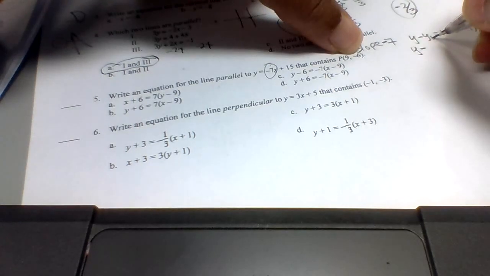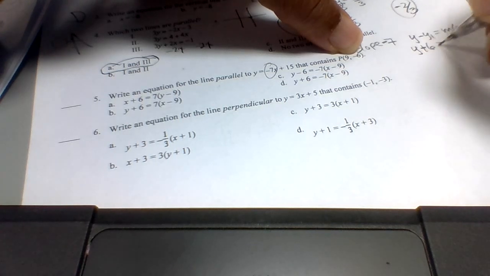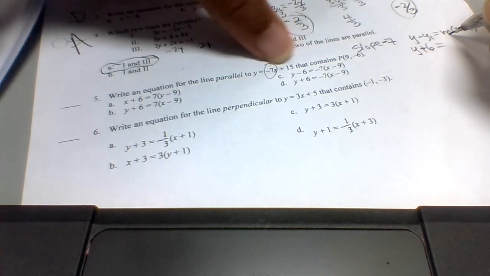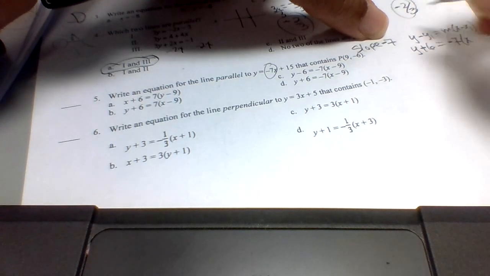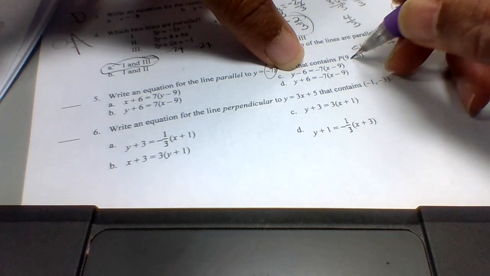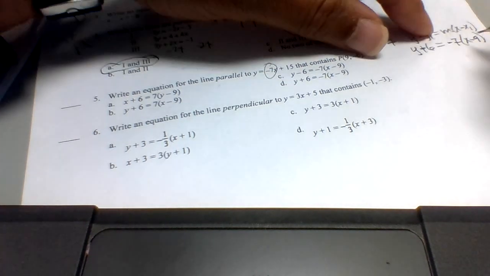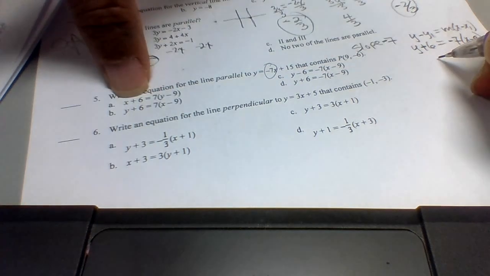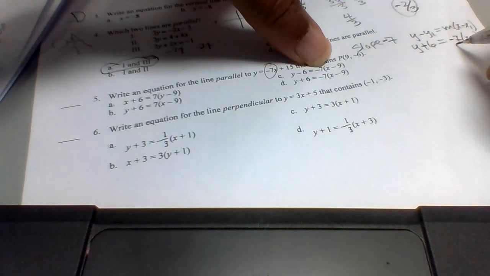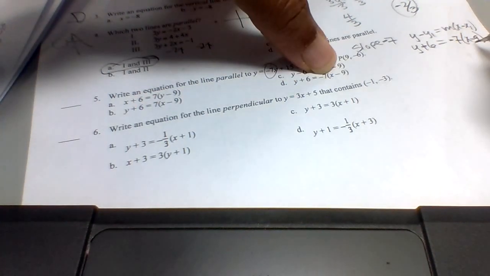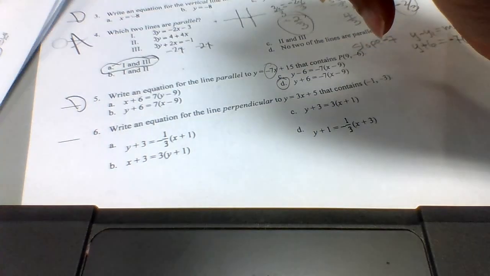My y1 is -6, so minus a -6 becomes a +6. My slope was -7, and x then is going to be 9 in this problem, so -9. So I'm looking for y plus 6 equals -7 times x minus 9. So D would be the answer to this one.